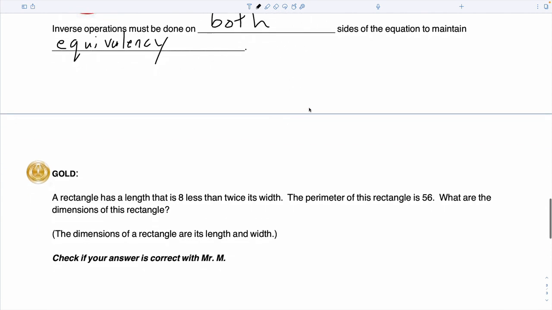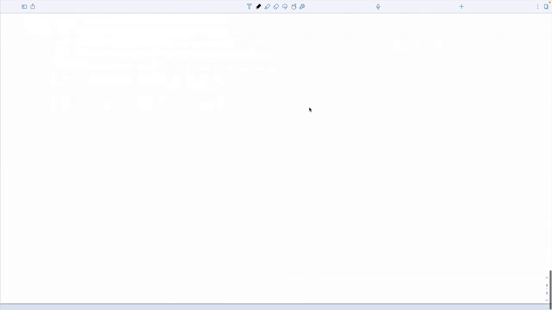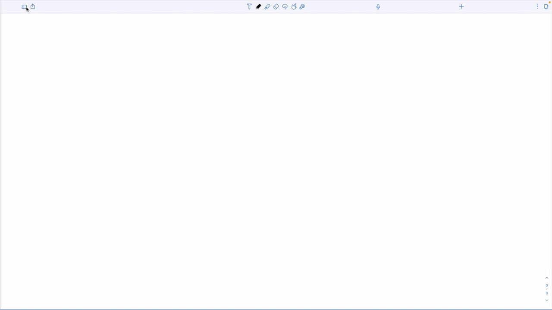You have this gold problem. I don't think it's on that page. It might be on the last page. Good. Get a piece of lined paper.